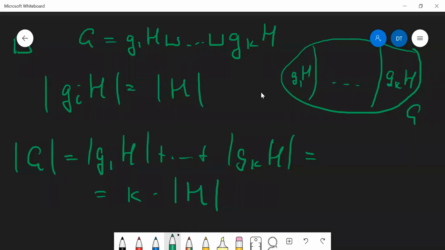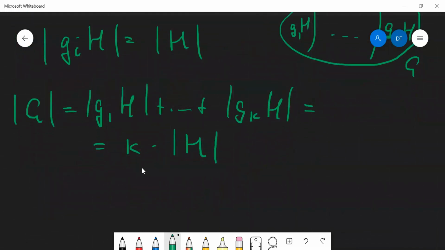So there are no other left cosets. This is the whole list of the cosets we have. So K here is exactly the number of left cosets.